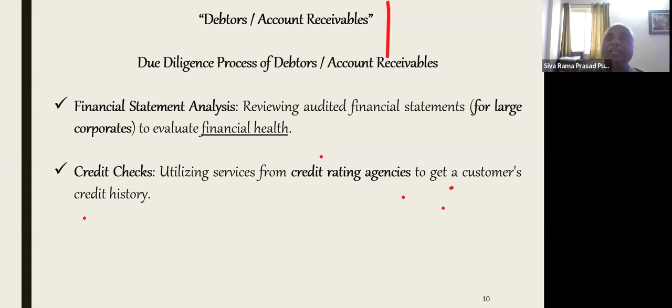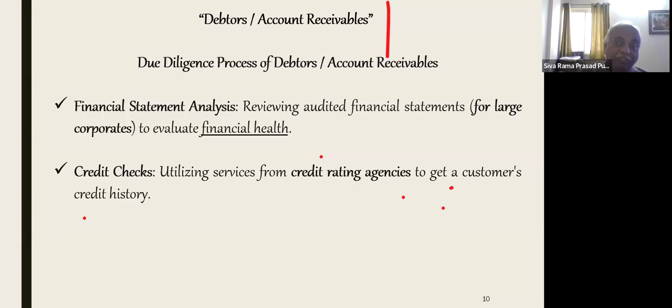The seller will analyze the financial statement, whether the health of the buyer company is good or not. If it is healthy, then only the company will extend the credit.